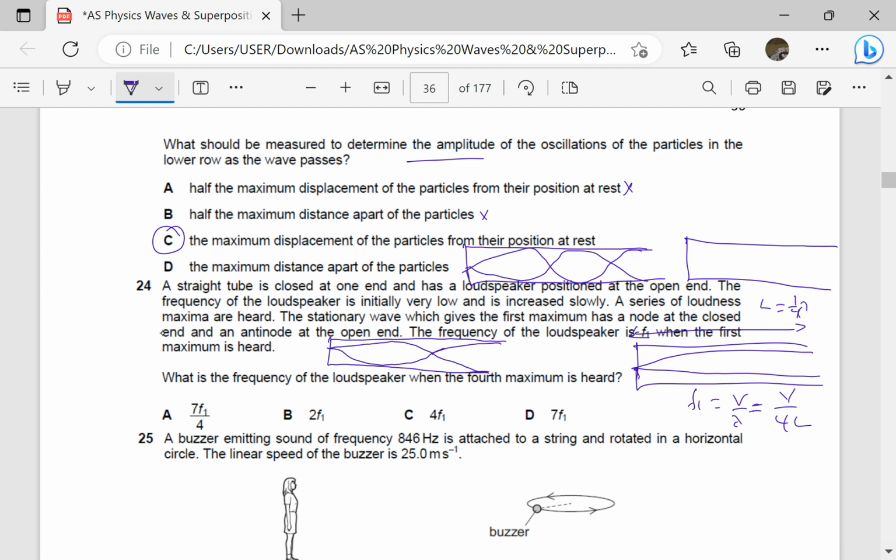So the fourth maximum here, I have 1, 2, 3 nodes, so I must introduce a fourth node.